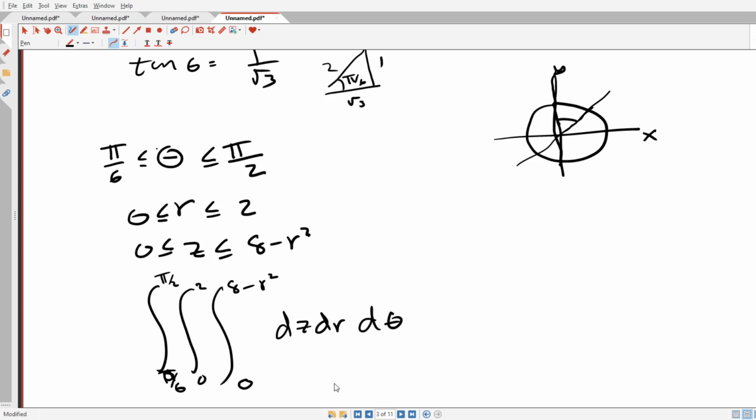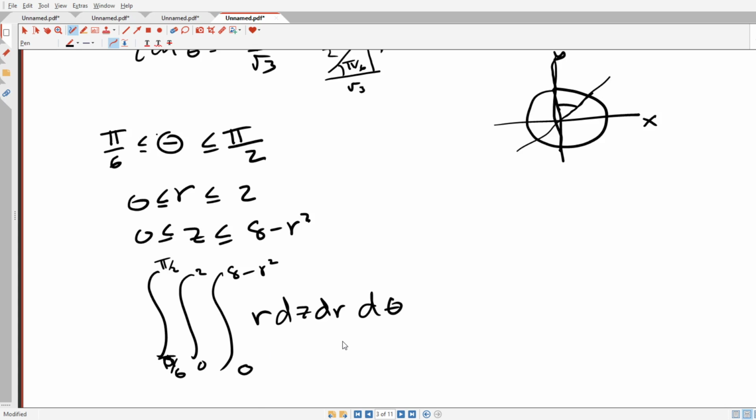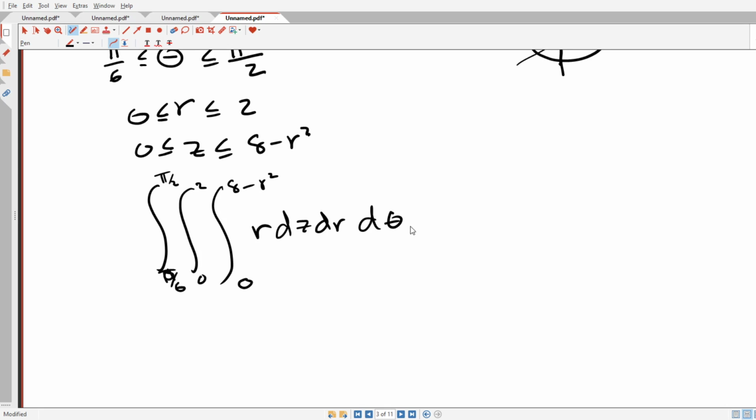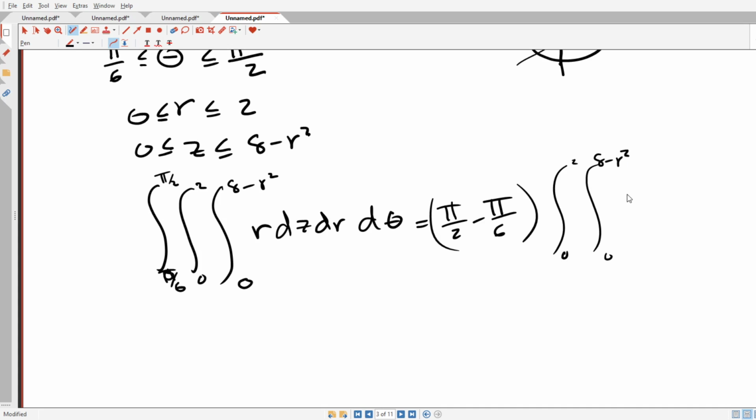I changed to polar coordinates, so I need to remember to integrate r here. None of this depends on theta, so I can pull that out, and I have pi over 2 minus pi over 6 times the double integral from 0 to 2, 0 to 8 minus r squared, r dz dr.